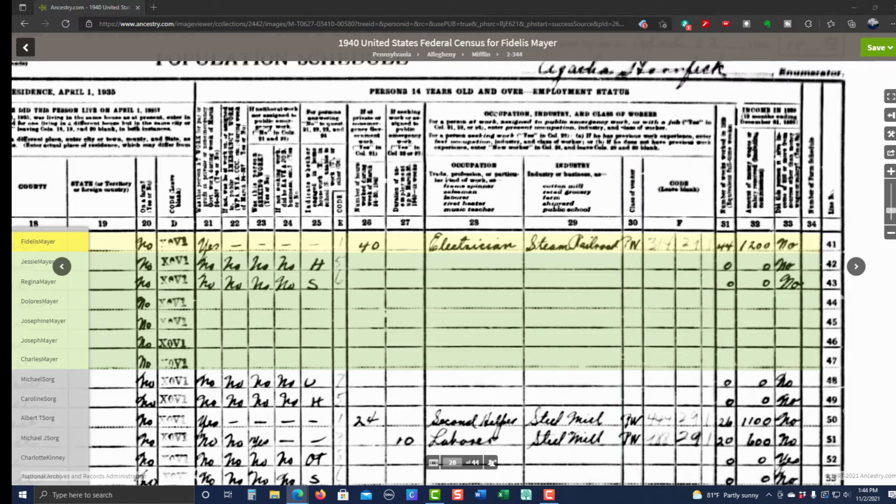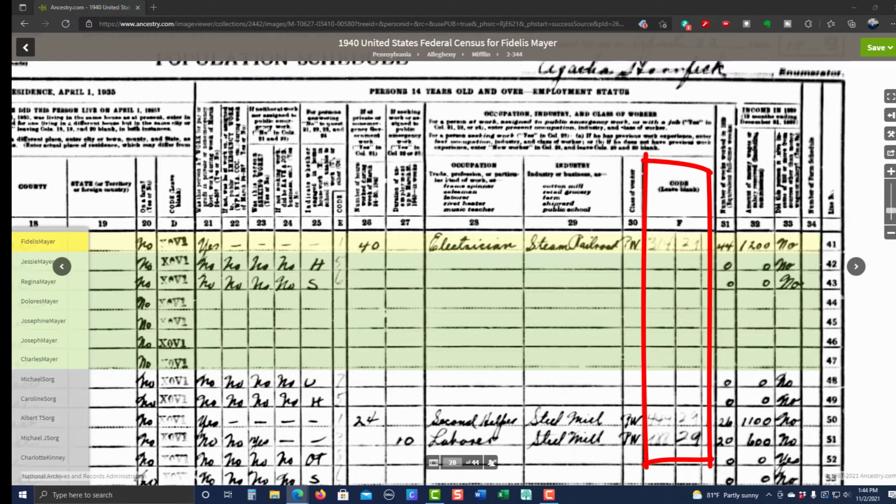If you're a wage or salary worker in government work, that's GW. If you're an employer, it's an E. Working on own account, self-employed, it's OA. And if you're an unpaid family worker, that's NP.